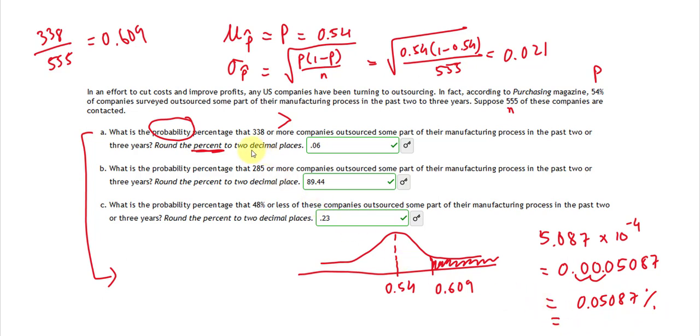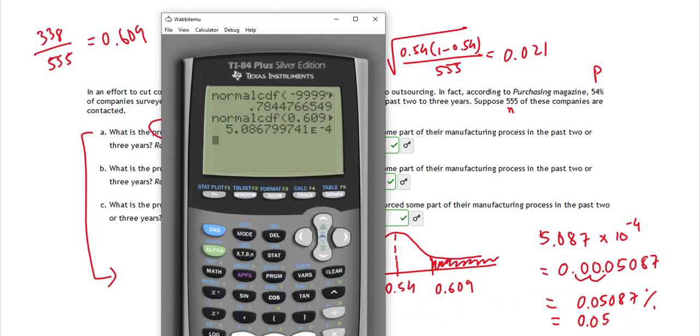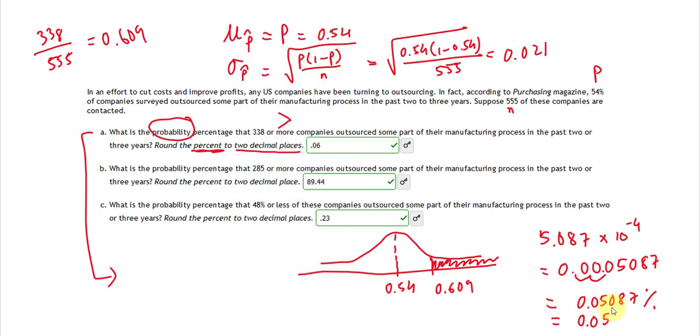If they want you to round to 2 decimal places, you can round it to 0.05. Let me make sure of that. We have 5.087 times 10 to the minus 4, and that should be the answer.